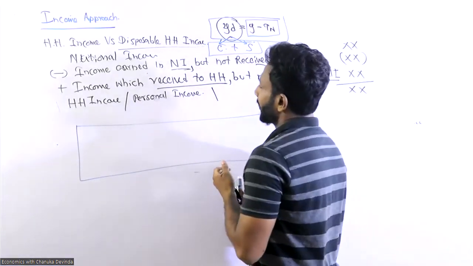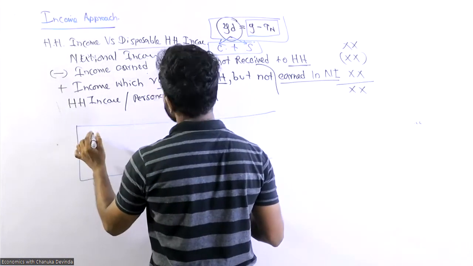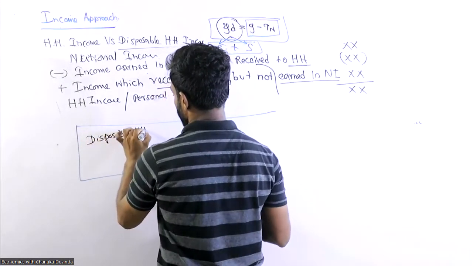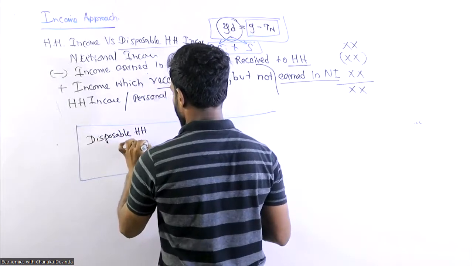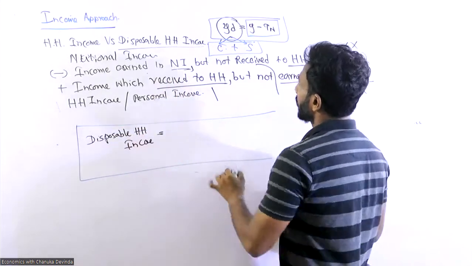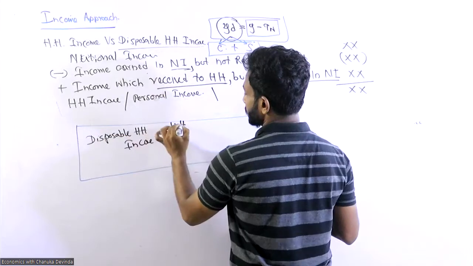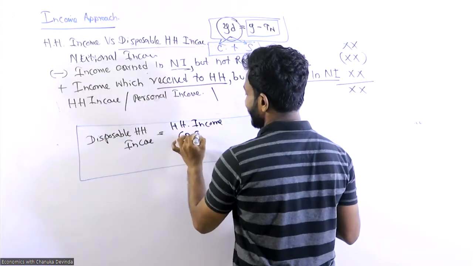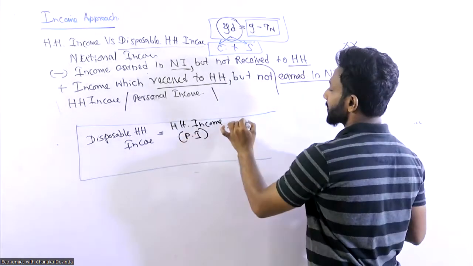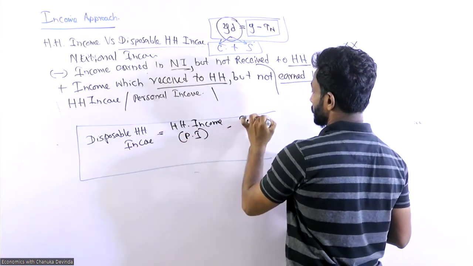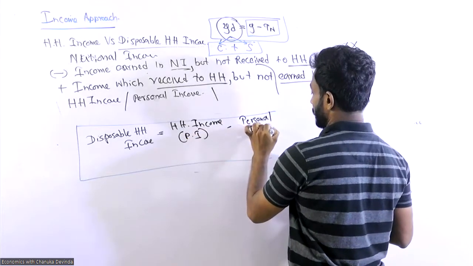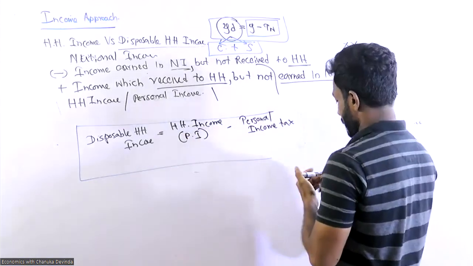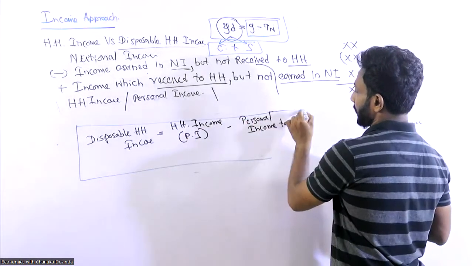It is disposable national income, sorry, disposable household income is equal to household income, or we call it personal income, minus personal income tax. Personal income tax.